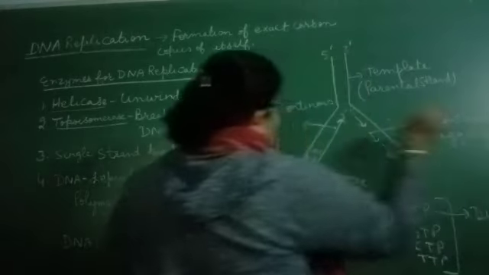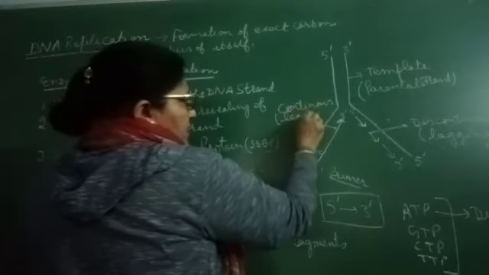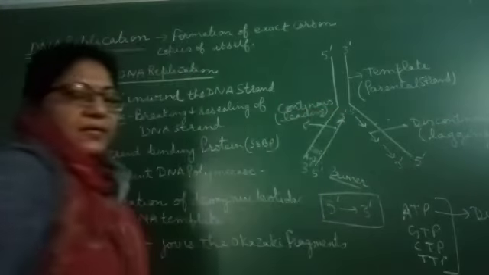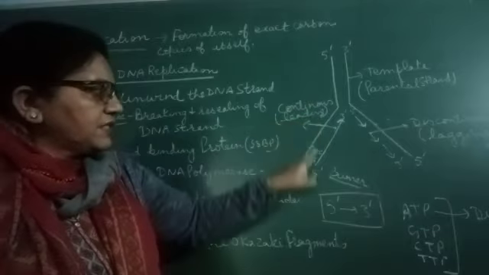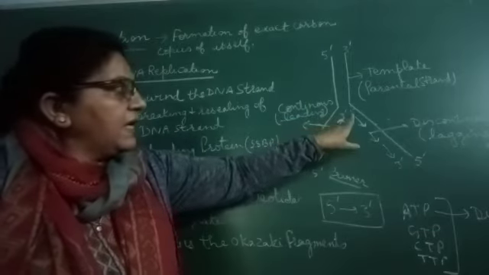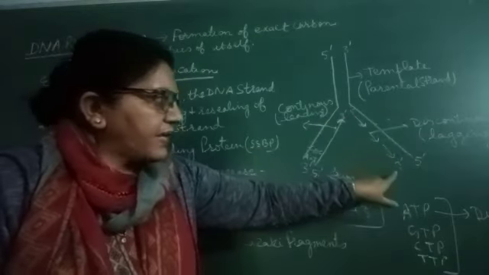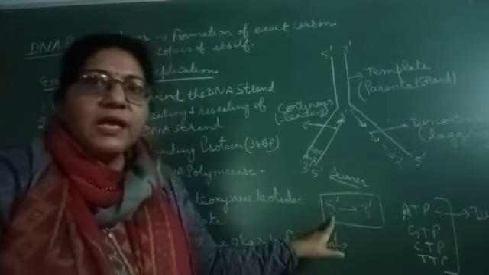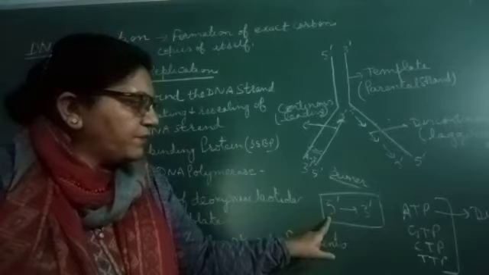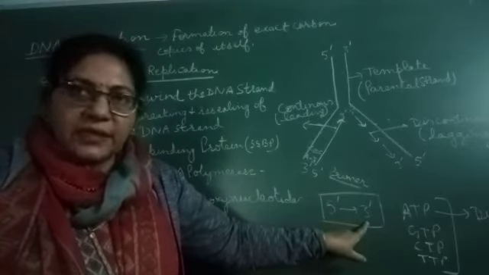Fine. You have a continuous strand from 5' to 3'. Here you have a discontinuous or lagging strand from 5' to 3' because the new strand will always form from 5' to 3'.